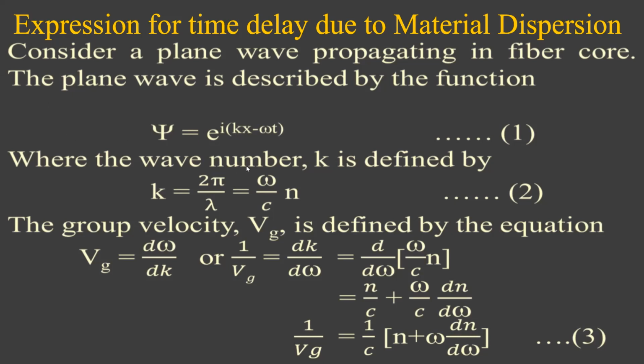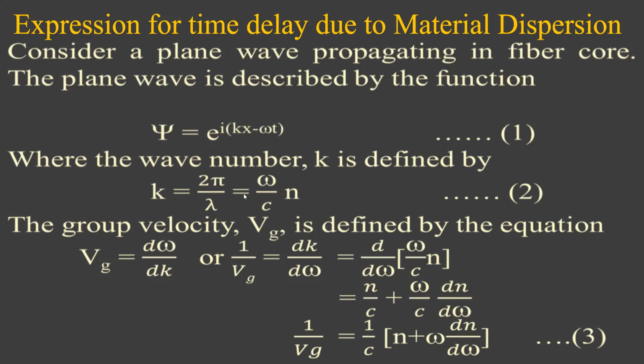The wave number k is defined by k is equal to 2 pi by lambda. This k is often referred to as the wave number or propagation vector.